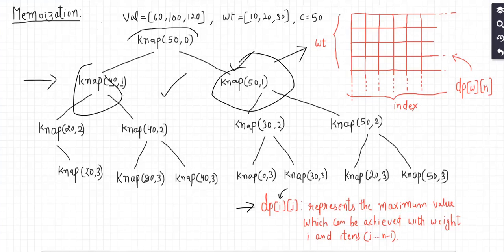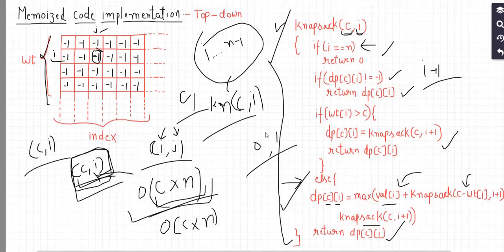But in the bottom-up manner, we start from the solution of the smaller problems, and then we build up the solution for the larger problems. And I will also discuss the space optimized approach for the Knapsack problem. Here I am using the space C into n, and in that code I will decrease the space complexity by a factor of C.